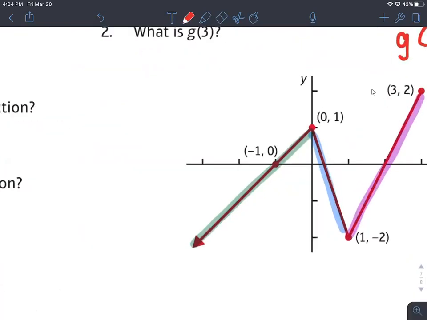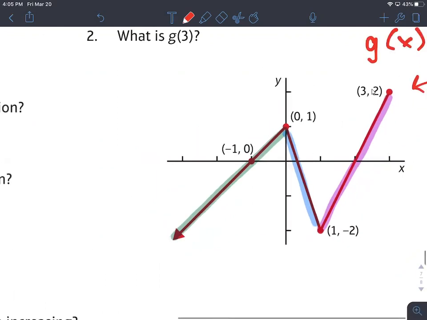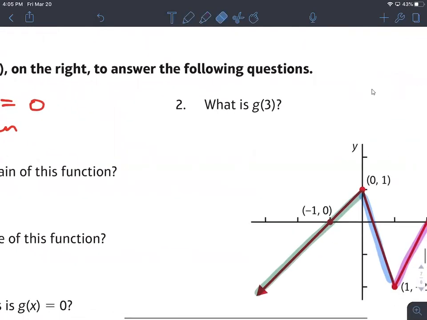That leads us to right here at this point. When x is -1, we are on that green portion of our graph. And what is our output, our value of g of x at that point? Well, the output is 0. So when x is -1, g of x is 0. Cool. Easy enough.